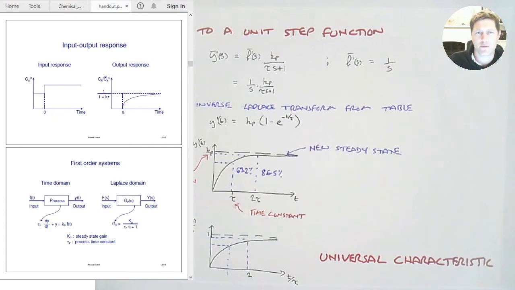That's what the input is actually doing, but we've just looked at the deviation from initial steady state, and so that's the actual step that we're looking at. That's the type of system that we've characterized, and any system that could be written like that will have this transfer function and will have this response that we found here.